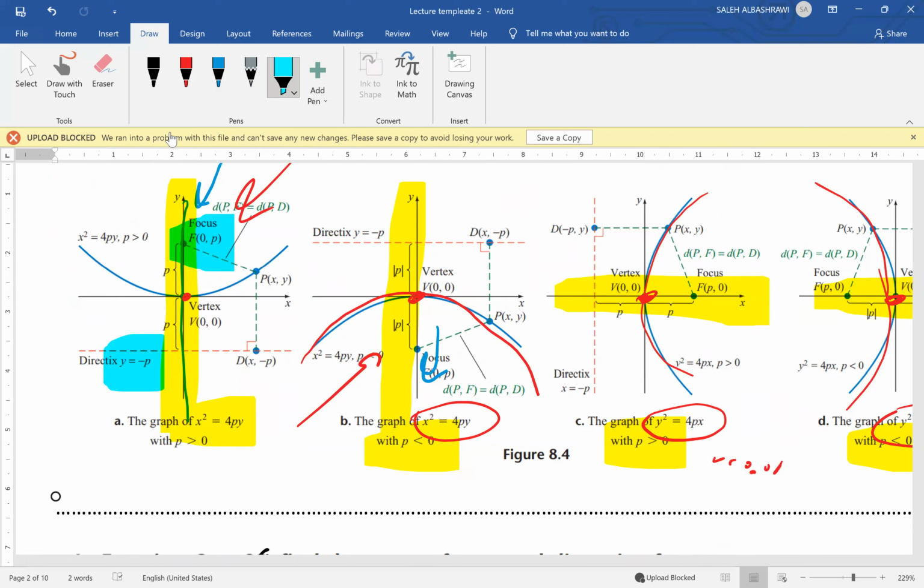If it is downward, the focus point is (0, b), and the directrix is y equals minus b, but b is negative. That's why y equals minus b is a positive number. Same thing, if it is horizontal on the x-axis, the focus point is (b, 0) and the directrix is x equals minus b.